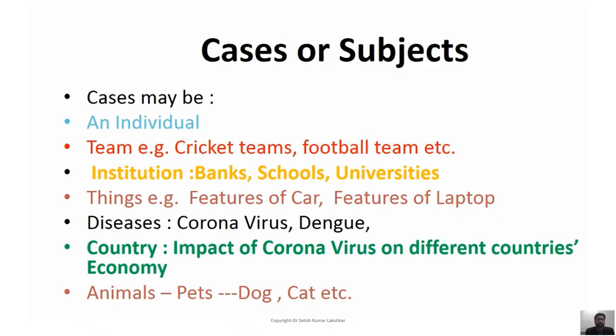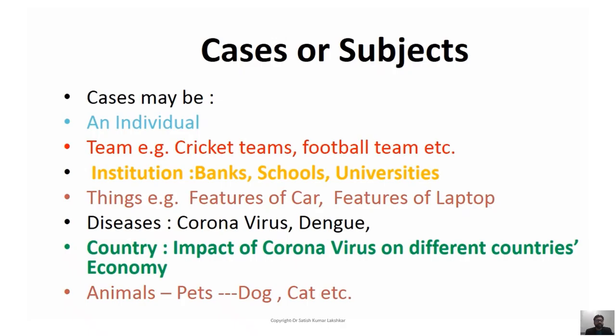Let's talk about things also, maybe features of a car or any vehicle or machine, features of a computing device, a laptop. We can talk about diseases also, like coronavirus or even dengue. Let's talk about country impact, for example, the impact of coronavirus on different countries' economies. And one more example, animals, maybe a pet, dog, cat, etc.